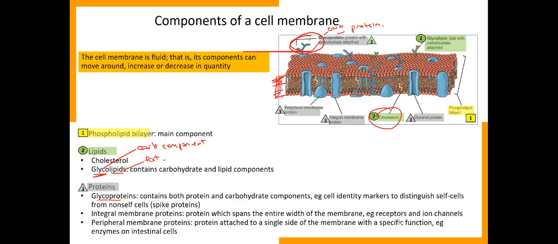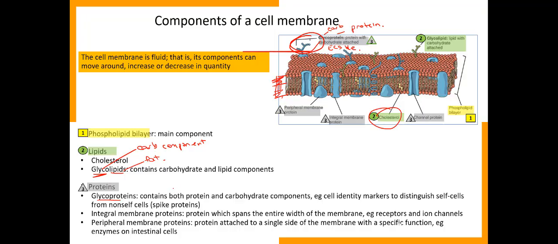And what you can see here is that glycoproteins always protrude on the extracellular side of the cell membrane, because glycoproteins are cell identity markers to distinguish self cells from non-self cells. Some of you may know what blood type you are.